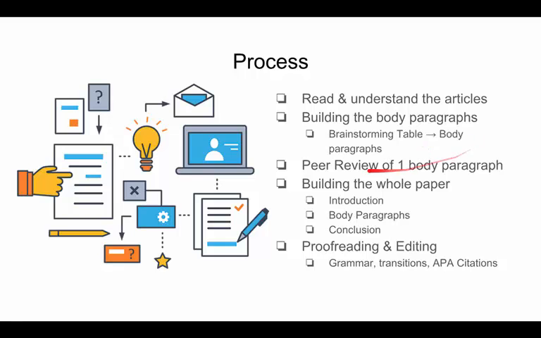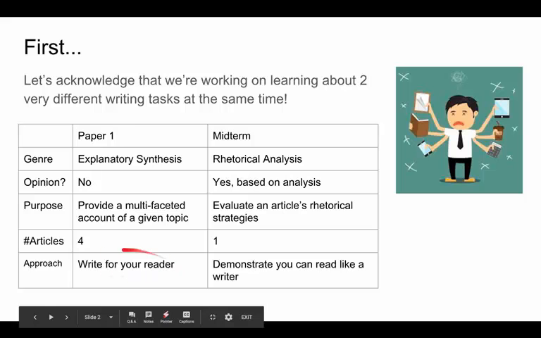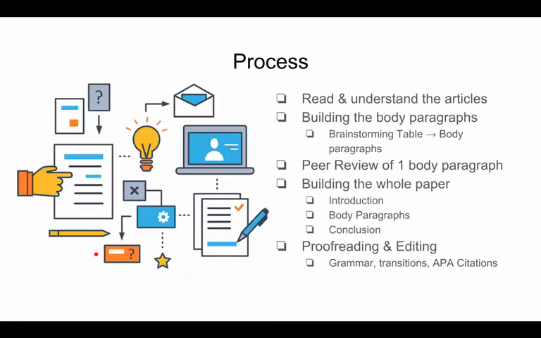Then the next thing is doing peer review of one body paragraph. So with paper one, you're writing for a reader. You're bringing them into the ideas that you understand and laying them out in a way that's easy to understand and comprehensible. So that's the benefit of the peer review, that you get to have a reader look at your work and think about how it could improve.